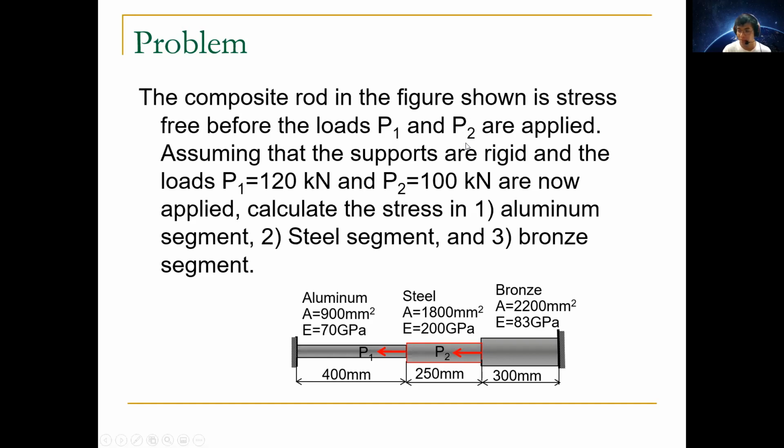So this one is, I think, the same as the problem in the simple stress na atong gi-discuss before. But this time it's restrained on both sides, meaning it's fixed. Again, if you're going to ask me why it's statically indeterminate, if it's fixed, you have three different forces, diba?